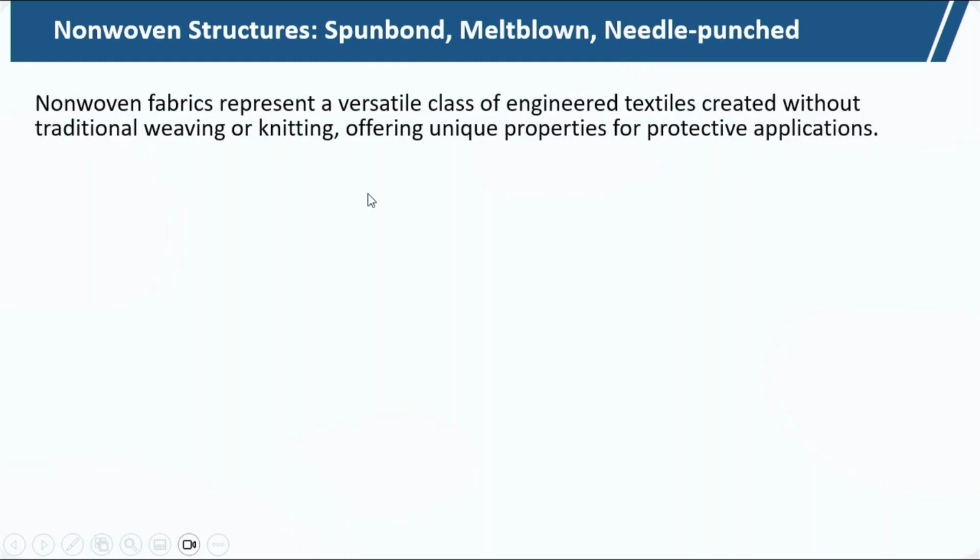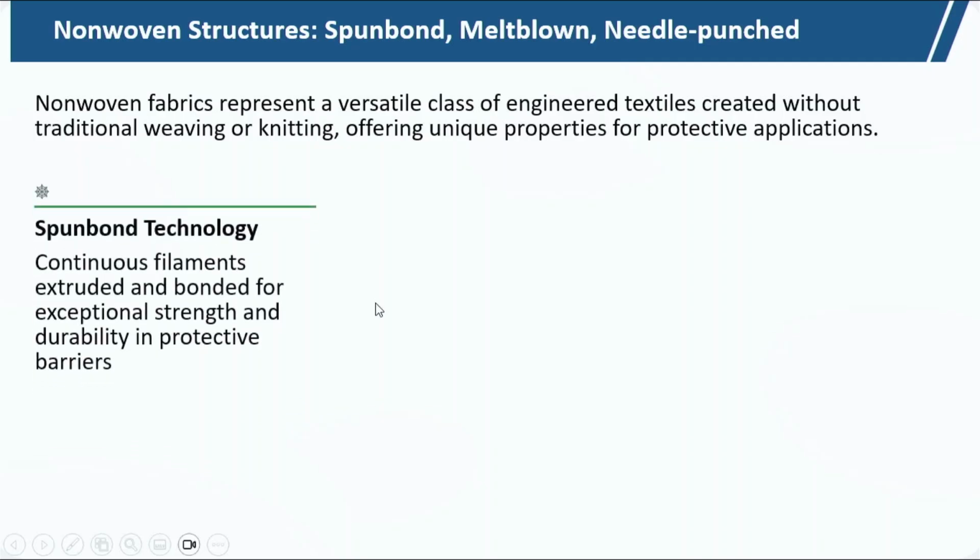Here we do not need any yarn production, weaving or knitting; directly from the fiber we can create the fabric. In spun bond technology, continuous filaments are extruded and bonded, giving exceptional strength and durability in protective barriers.